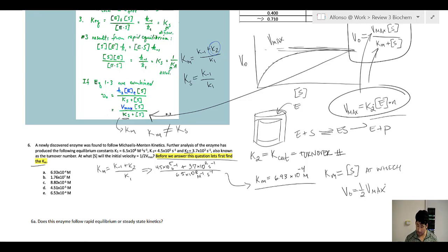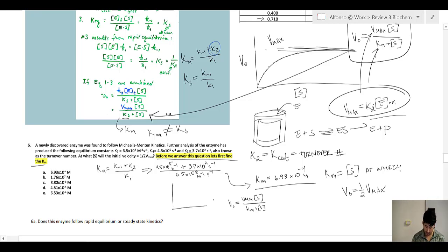And we can prove that using this equation, the Michaelis-Menten equation. All right, so remember that Km is a constant, all right? Km only has one value, but the substrate concentration can be almost any value.